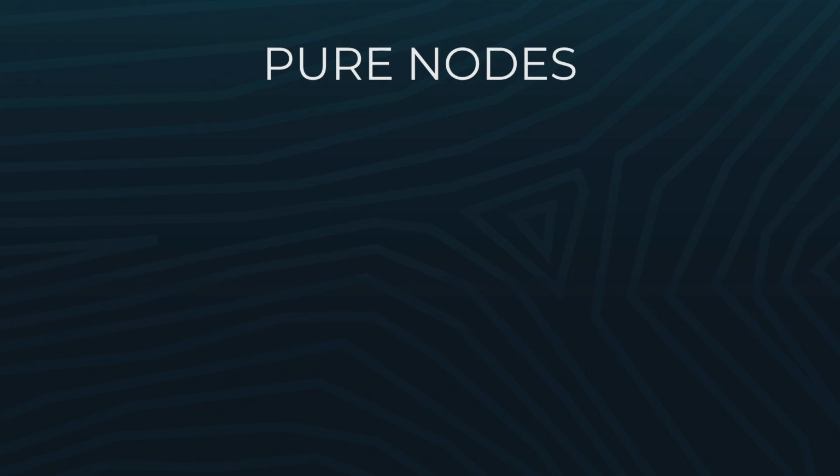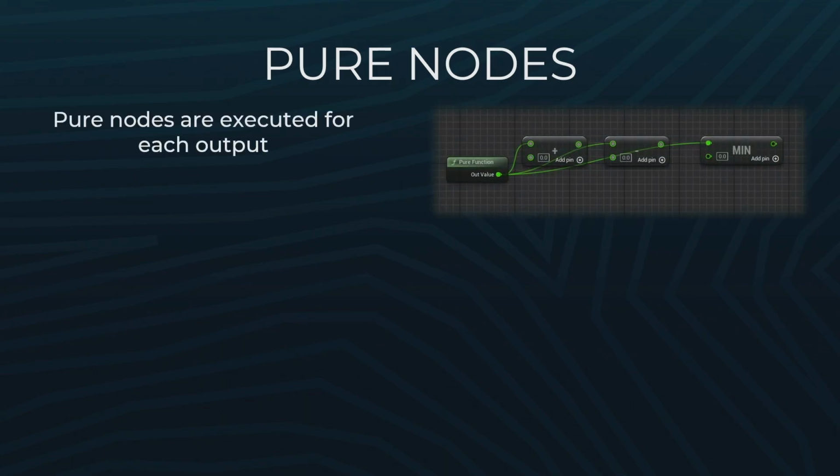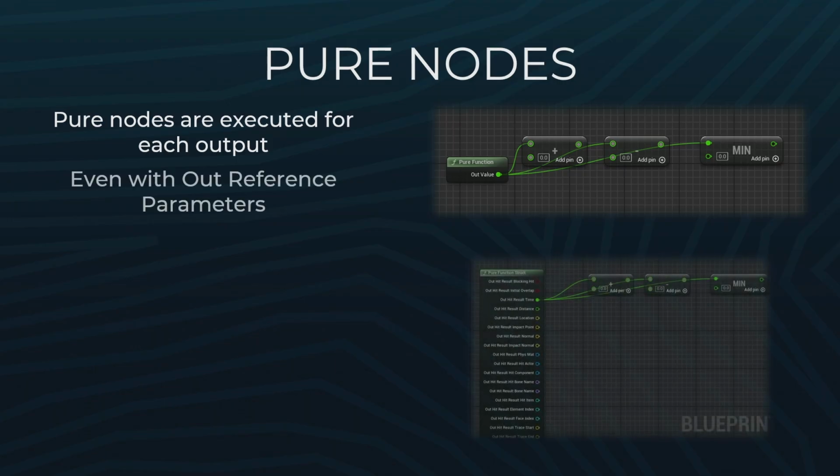Some of the things we see in blueprints a lot are pure nodes. Pure nodes aren't that bad, but if you do things like this, it can really add up. We've got a pure function there, and we're dragging off that function 3 times to 3 different pins. This means we're going to execute that function 3 different times, and likely get the same result back every time. This also happens with reference parameters.